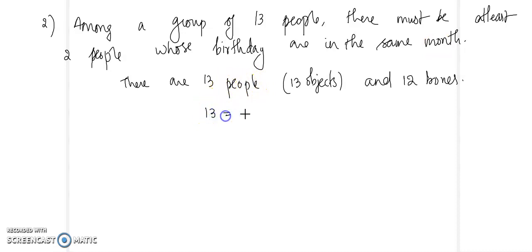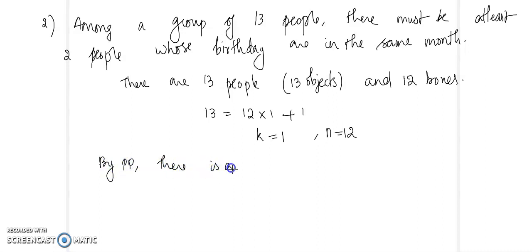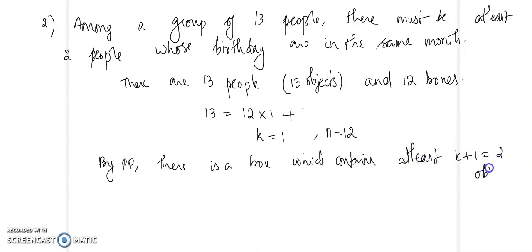So you have 13 equal to 12 into 1 plus 1. Here k is equal to 1 and n is the number of boxes, so n is equal to 12. By the pigeonhole principle, there is a box which contains at least k+1, that is 2, objects.